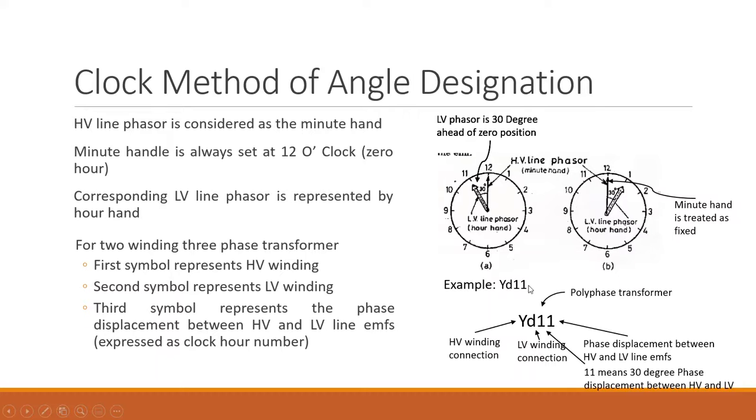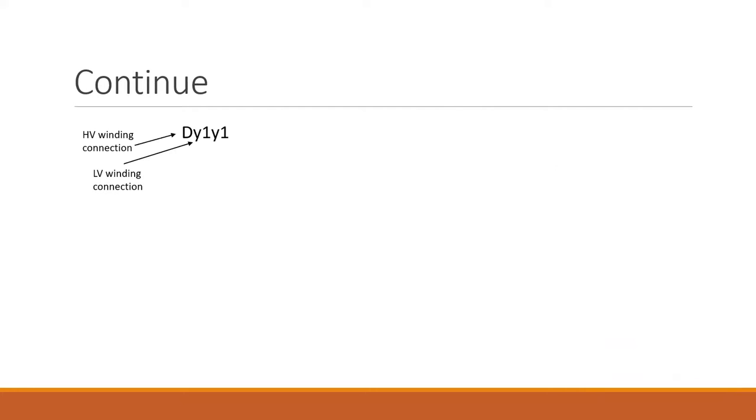You could see in this particular clock diagram, at 1 o'clock, the phase displacement between the primary winding and your secondary winding, HV and LV, and HV and tertiary. That time phase displacement is given there.